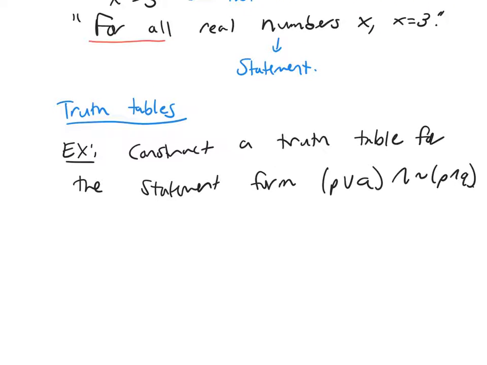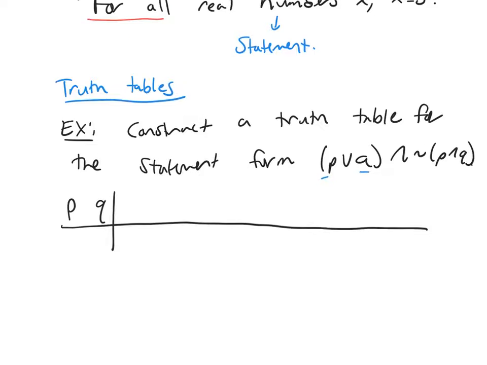So how many variables do I have here? I have P and Q. So I have 2, which means there's going to be 4 rows in my truth table.